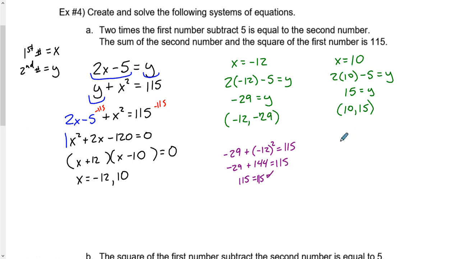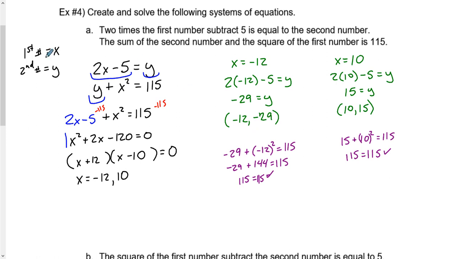Now if I do the same thing over here, 15 plus 10 squared. Does that equal 115? Well, 10 squared is 100 plus 15 absolutely equals 115. So we have two different ways that this word problem produces a solution.